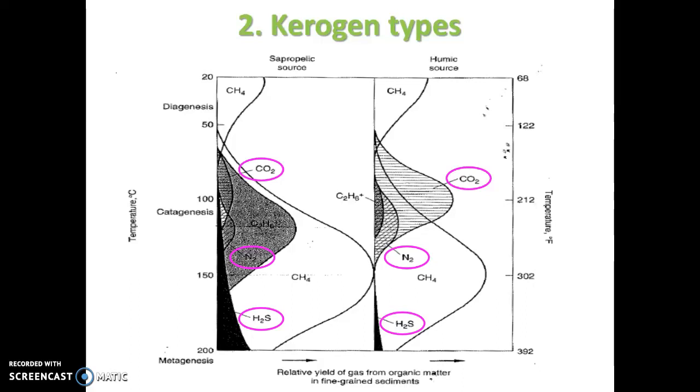Remember, dry bacterial gas forms by the reduction of carbon dioxide in the surface sediments, and there is also a sulfate reduction process that eliminates all the sulfur content during diagenesis.